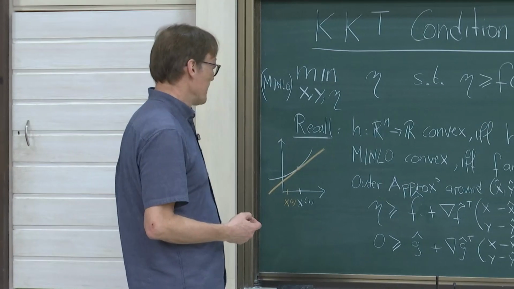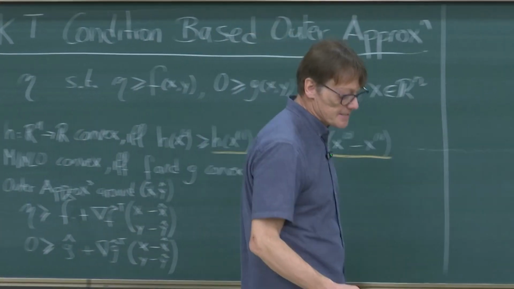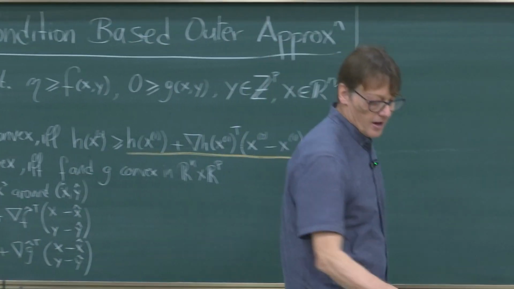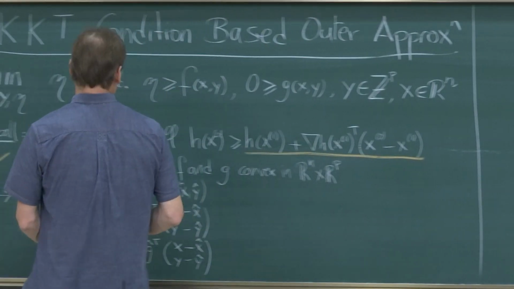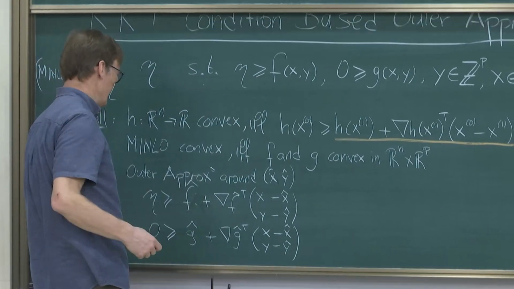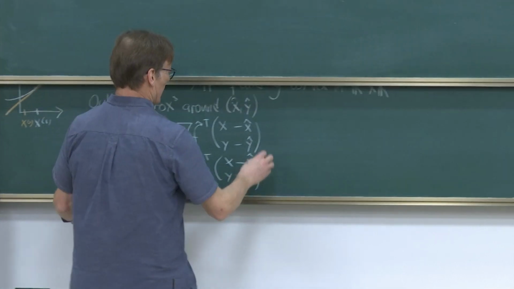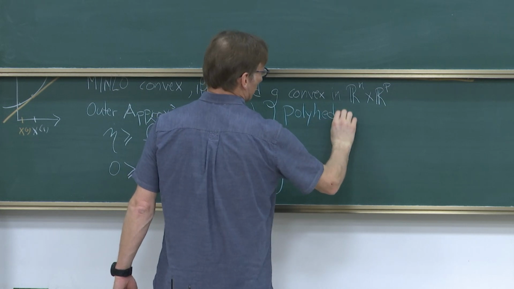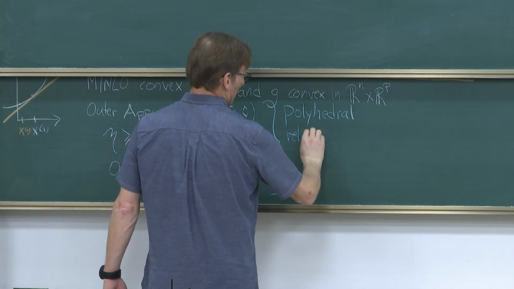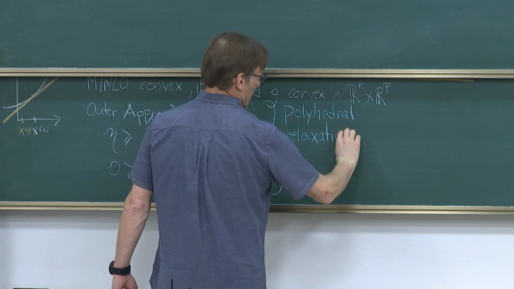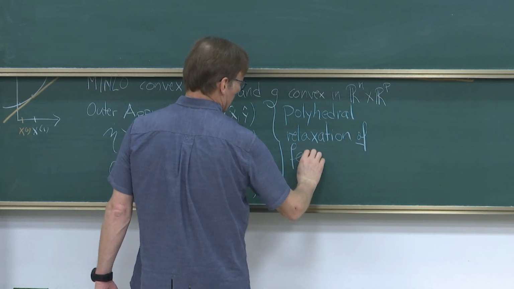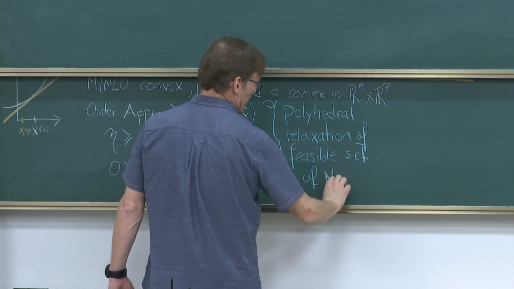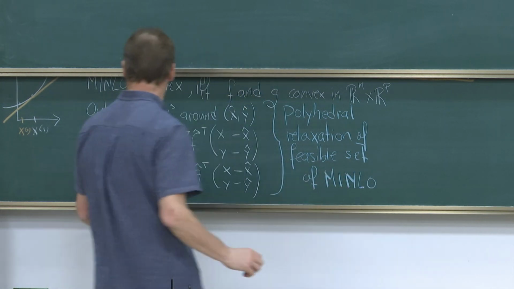So those two constraints at any point are a polyhedral or linear relaxation of the feasible set of my mixed integer nonlinear optimization problem.